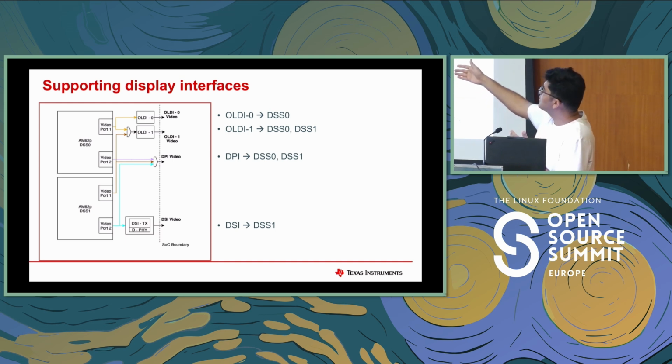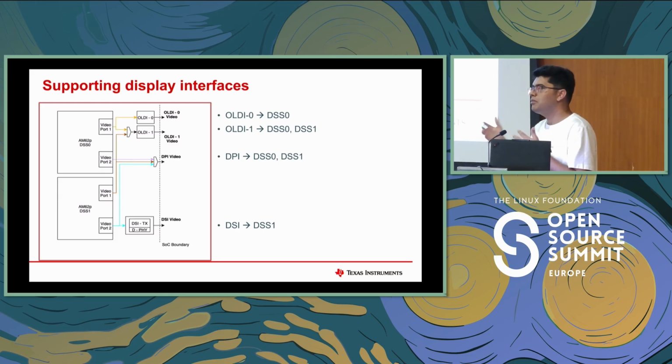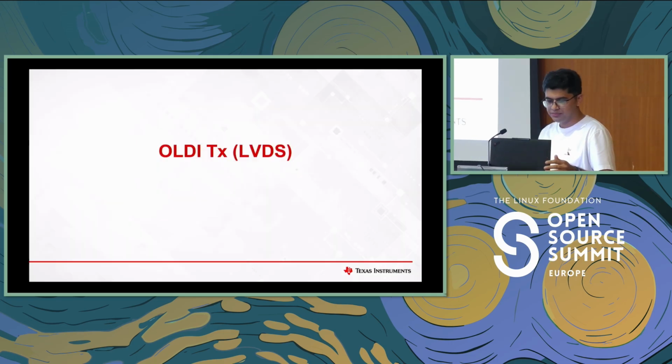You can see the video ports over there are supporting, for example, the first one is supporting the DPI output or the OLDI1 output, and the second video port is supporting DPI again, as well as DSI. So to be able to discover which one we want to support at any point of time, we had to get a few changes done inside the framework, and that's what I'll walk you through.